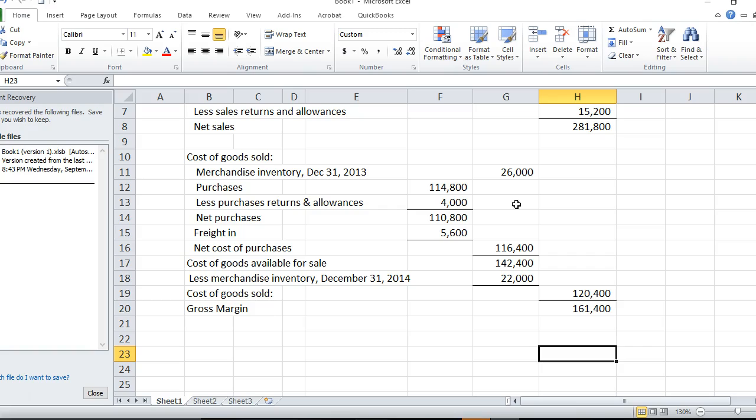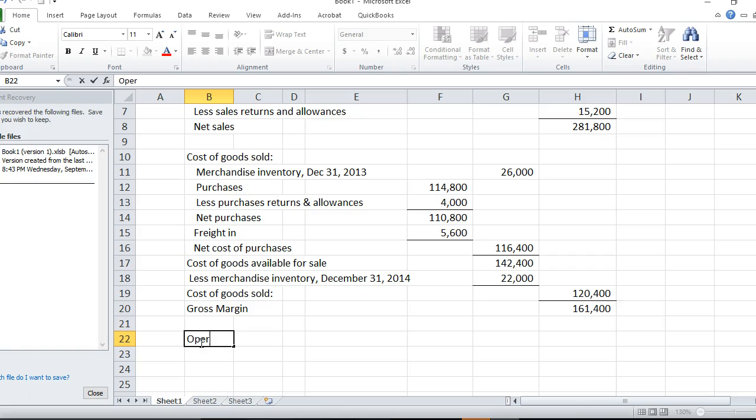Okay? Don't get caught up in, am I putting everything in the right spot? Because we've got so many accounts we're dealing with, we're using these various columns just to add the numbers and flow them over. So our gross margin is at 161.4. Then everything else is going to stay the same.